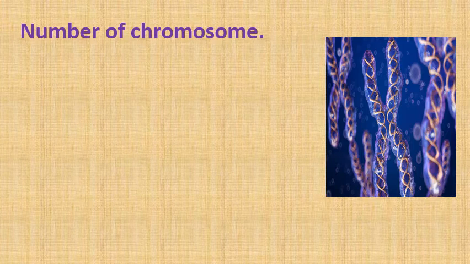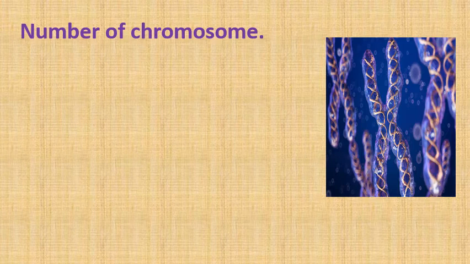But the number of chromosomes differs from one species to another. For example, the number of chromosomes in rabbit is 44. So if the number of chromosomes is 44, we will know that this nucleus is for rabbit, and so on.